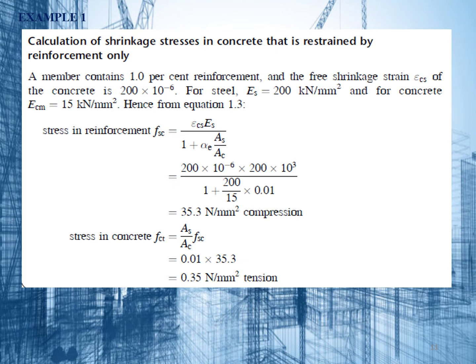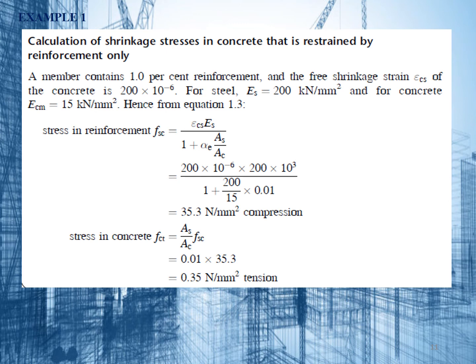Where FCT is the tensile stress in concrete. From the given information and the equation, FSC is the stress of the steel, and the FSC means compressive stress in steel. Epsilon CS is 200 times 10 power minus 6. Equating the forces for steel and concrete, ES is there. Alpha is ES divided by ECM.